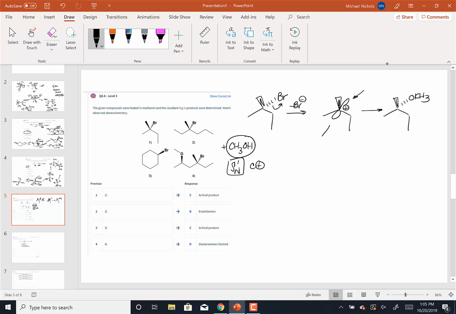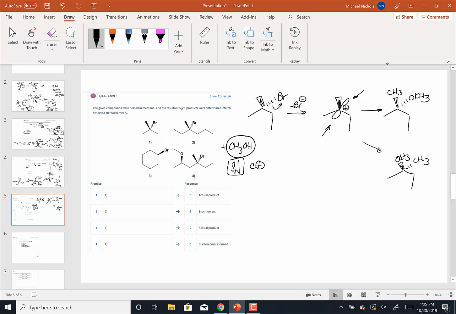And if it reacts from the front of the molecule, I'm going to end up with the OCH3 on the bold wedge, because it will have reacted from the front.